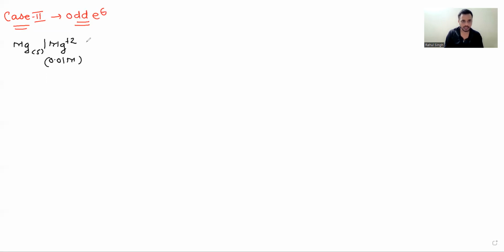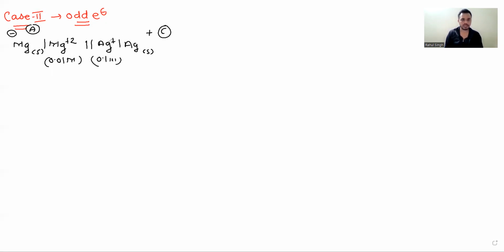This is our cell, and Ag plus and Ag solid will be there. This is our positive side, this is negative, this is cathode, and this is anode. Ag plus has a concentration of 0.1.